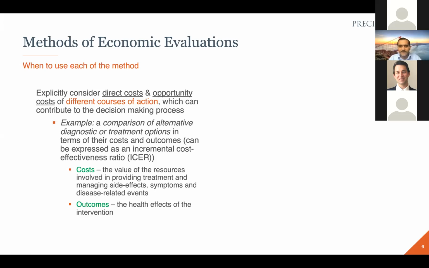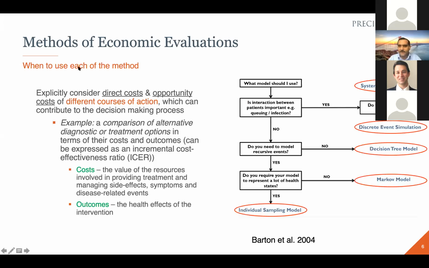There are different methods used in economic evaluation, for example system dynamics models, which are time dependent and space dependent, discrete event simulation, Markov chain models, individual sampling models, and so on and so forth. But this chart, from a study by Barton, is a beautiful chart that helps guide when to use which method.